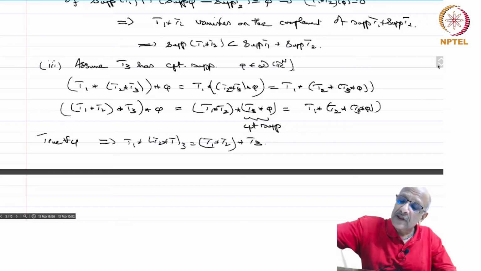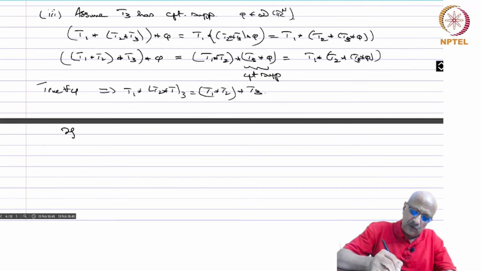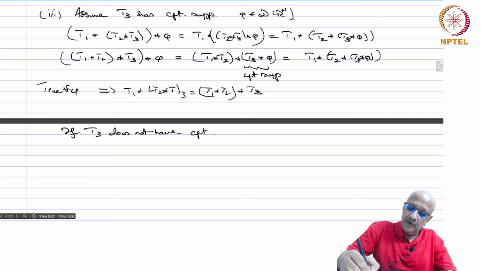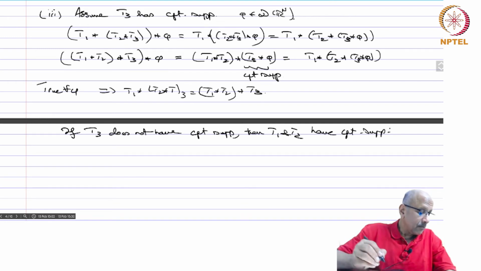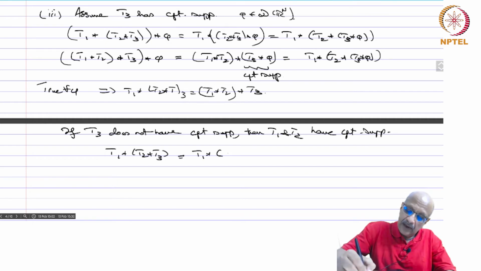So what happens if T3 does not have compact support? Now we use the commutativity. If T3 does not have compact support, then T1 and T2 have compact support. So we get T1 star T2 star T3 is equal to T1 star T3 star T2 by the commutativity.